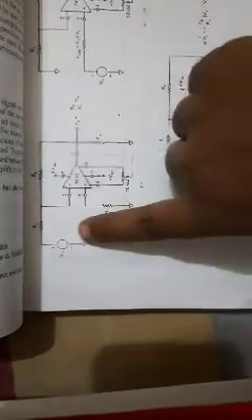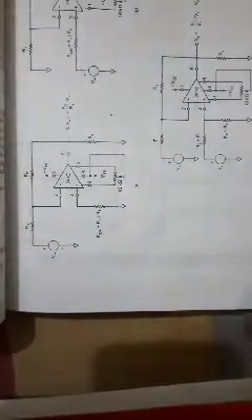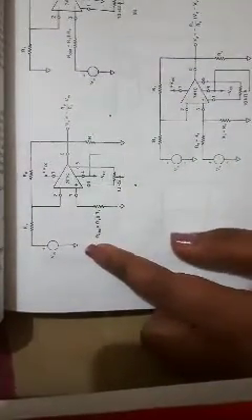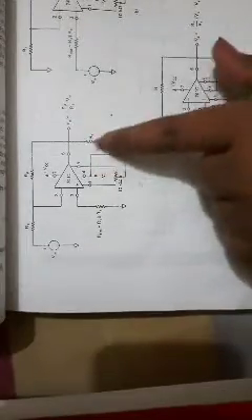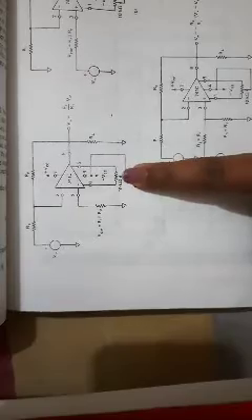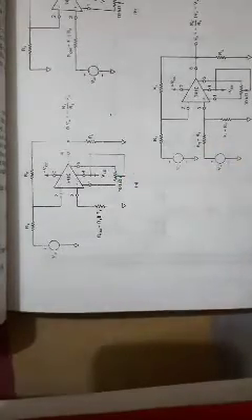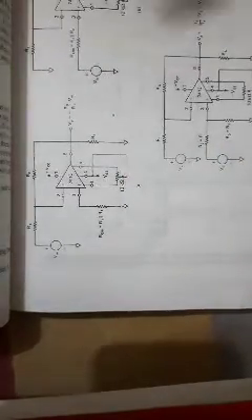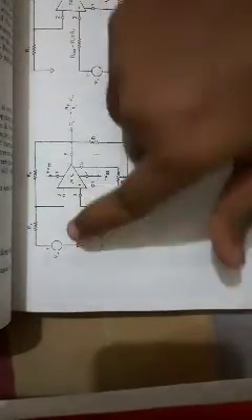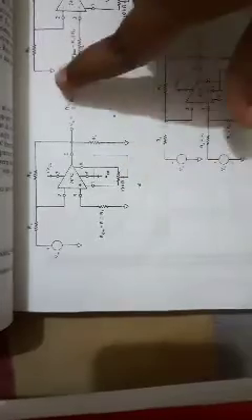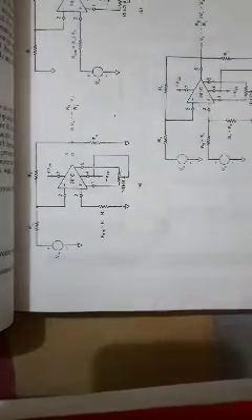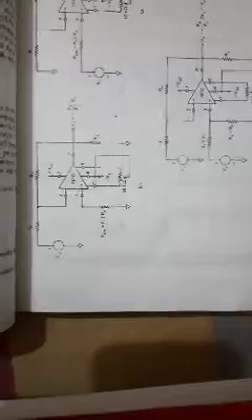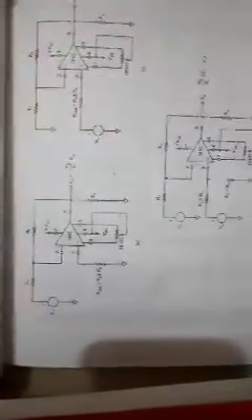Here you can see a feedback resistor, for which we have used a potentiometer. By using this potentiometer, if the input is 0, then we can set the output to 0 by rotating this potentiometer.